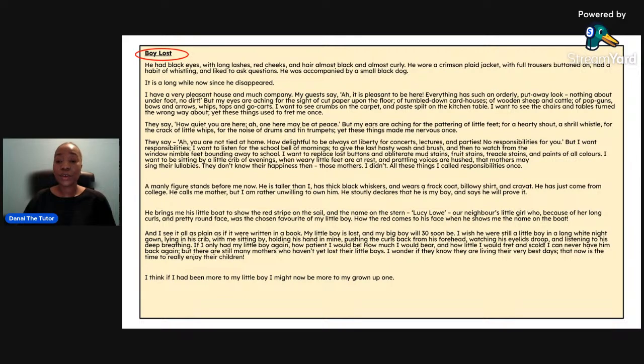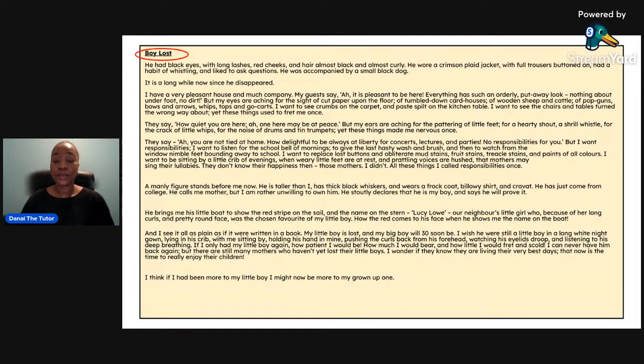Our neighbor's little girl, who, because of her long curls and pretty round face, was the chosen favorite of my little boy. How the red comes to his face when he shows me the name on the boat. And as I see it all, as plain as if it were written in a book, my little boy is lost, and my big boy will soon be.